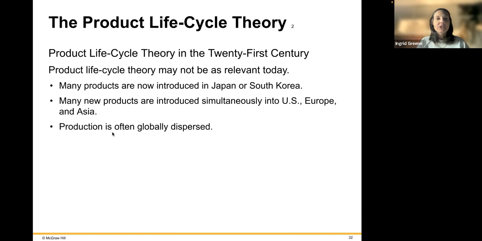And then production is often globally dispersed because people want to take advantage of that low cost from the beginning. So many engineers or entrepreneurs that I know don't necessarily go to produce in the United States initially. They will already go to China and Asia to get those low production costs.